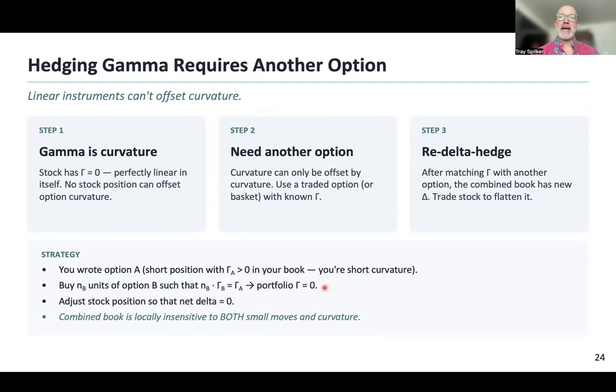And of course, now we have a combined delta exposure between the option we wrote and the option we bought. So we'll have to adjust our stock position to make sure our delta is also zero. And when we combine that, then our book, right, our written exposure is locally insensitive to both small moves and big moves, i.e. curvature, right? So this gives us a delta neutral and a gamma neutral exposure to any moves.